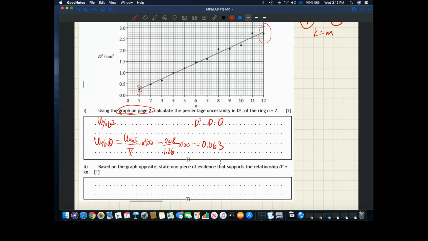And so that then is going to be u percent d plus u percent d, and that then is 0.063 times 2. So that gives us 0.126.